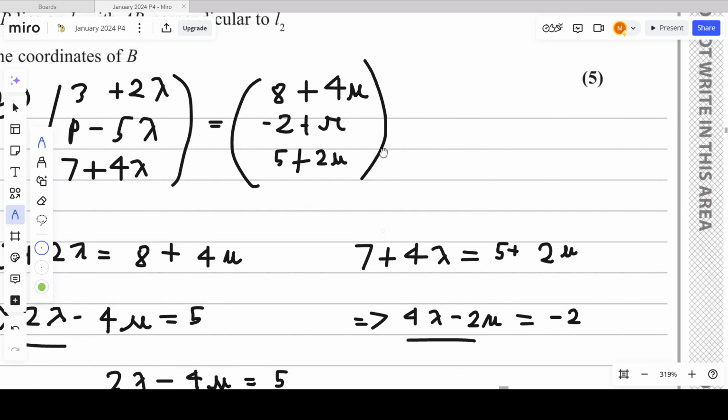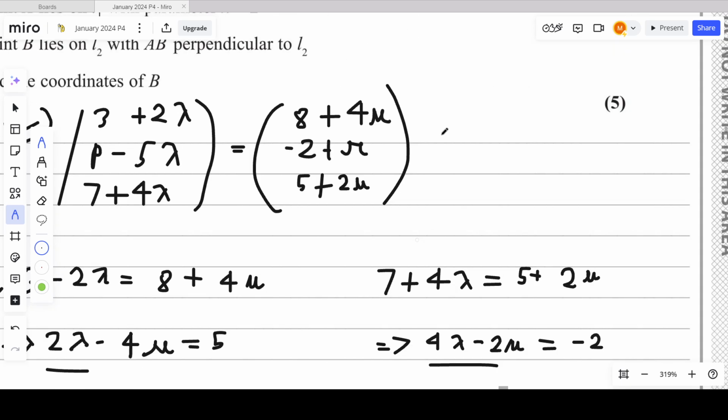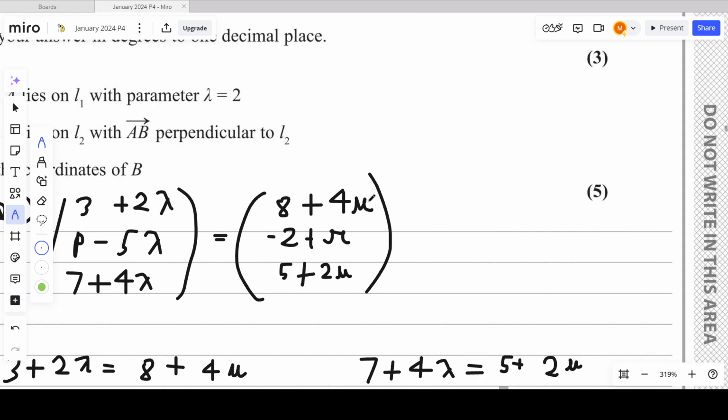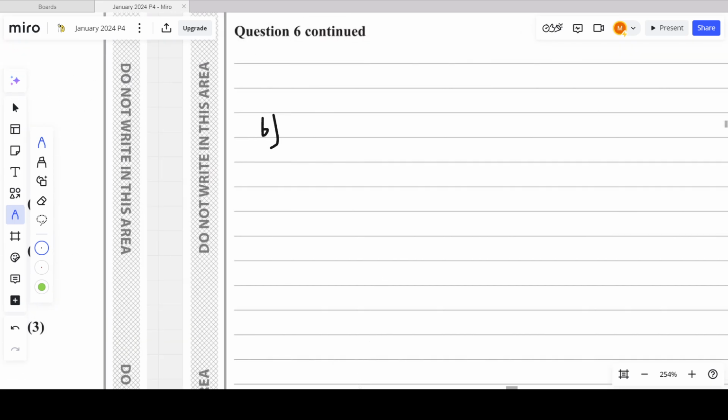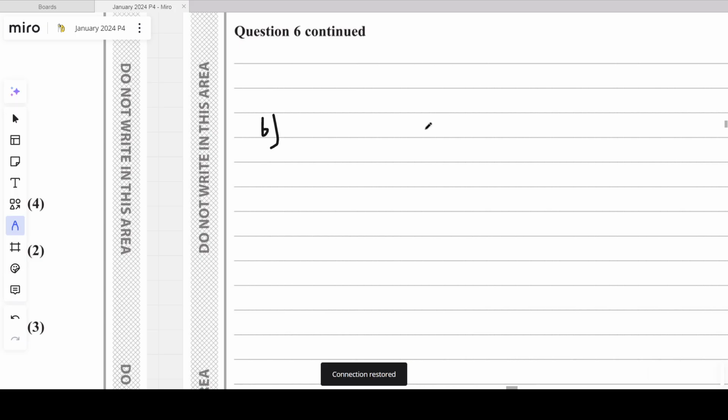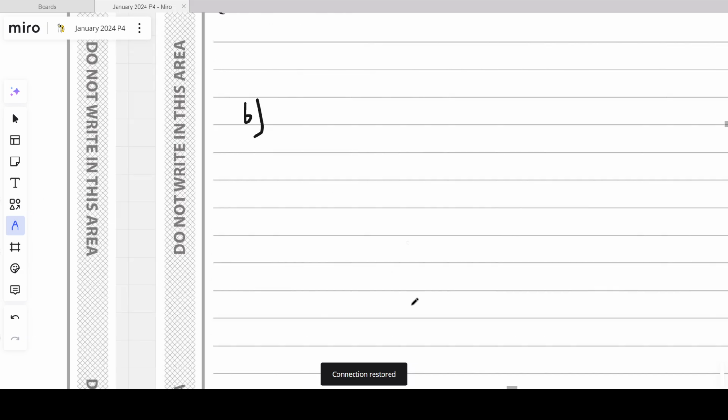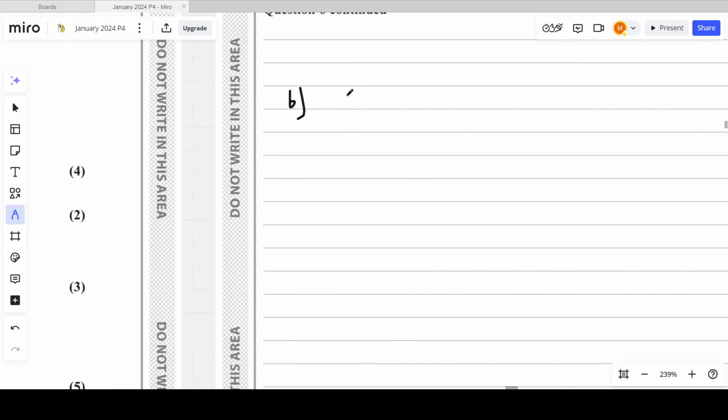So mu is negative 2. So negative 2 times 4, this is negative 8, so that is 0. The i component of the point of intersection is 0.